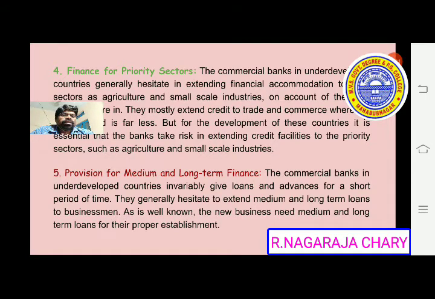They generally hesitate to extend medium and long term loans to businessmen. As is well known, the new business needs medium and long term loans for its proper establishment. So generally there will be a risk when providing long term finance and medium term finance.